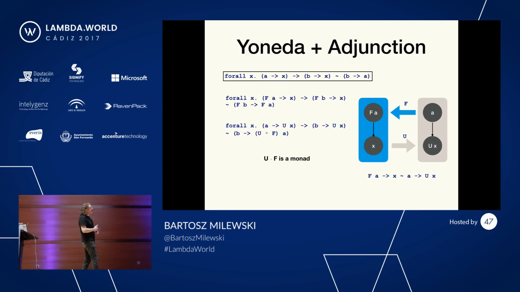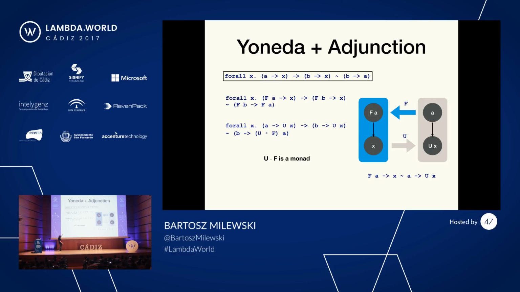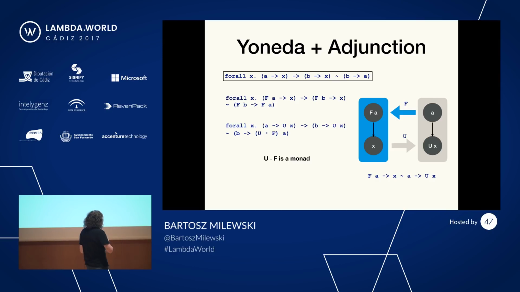So the clever pick is to replace A with FA and replace B with FB, where F is a functor that is adjoint to some U. If I replace them, I can then use the adjunction, because instead of preparing A with F, I can modify X with U, right? Because these two are in one-to-one correspondence because of the adjunction. And the same here and the same here. So I performed this adjunction, right?